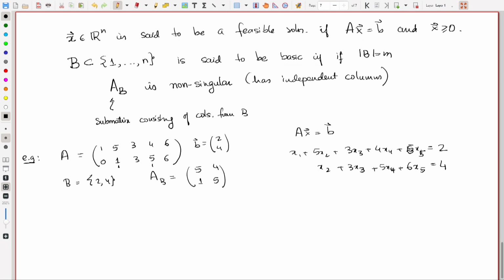So, we have these two equations, and what we can do is now we can rewrite this in the following form: 5 x2 plus 3 x3 is equal to 2 minus x1 minus 4 x4 minus 6 x5.